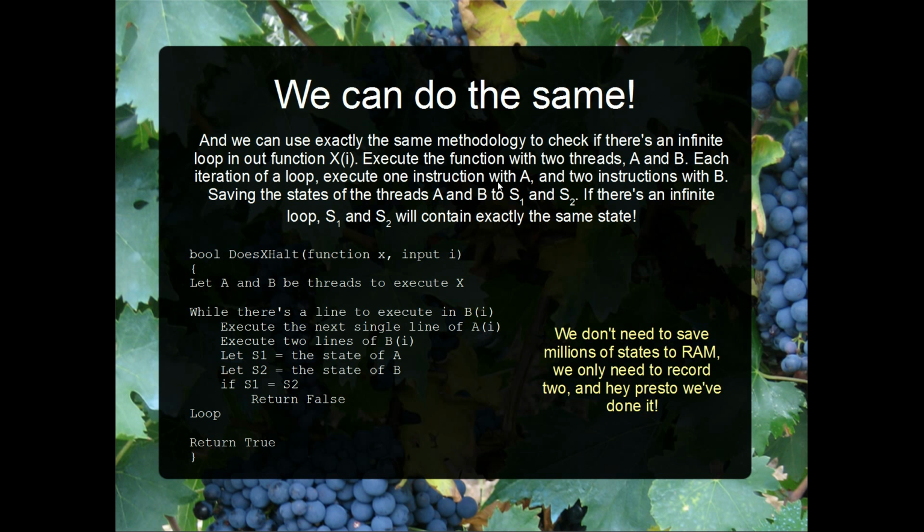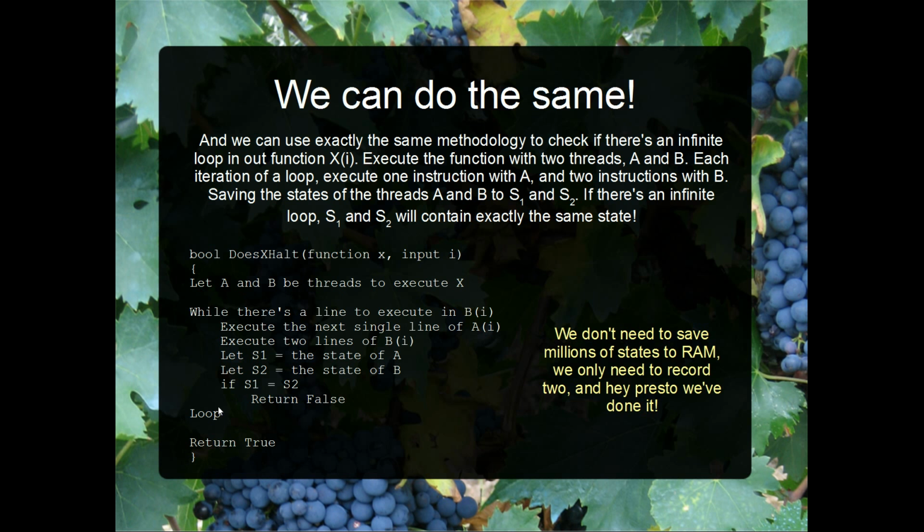Fair enough, so it's the same as our linked list solution from the previous slide. What we want to do is save the states of A and B to S1 and S2, these state variables, and if there's an infinite loop, S1 and S2 will eventually contain exactly the same state. Okay, so that's all we've got to do. We've just got to check if S1 and S2 ever contain exactly the same info.